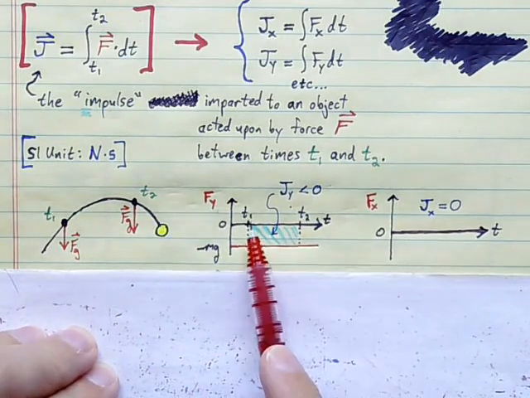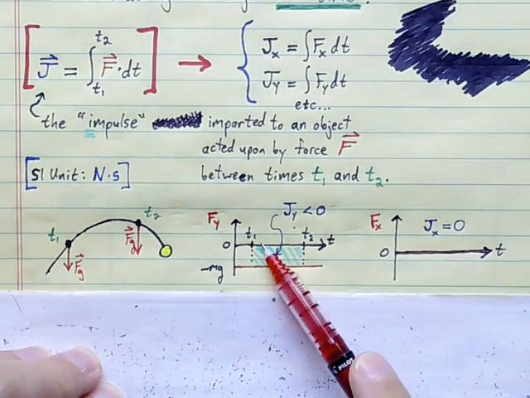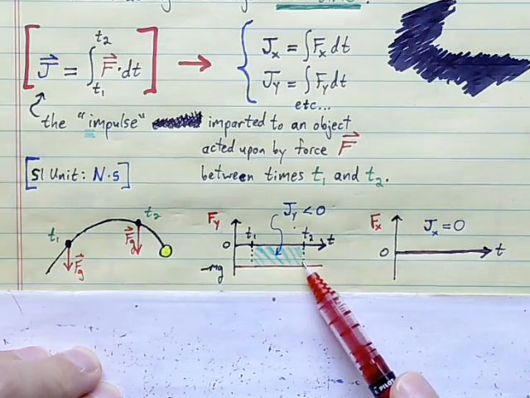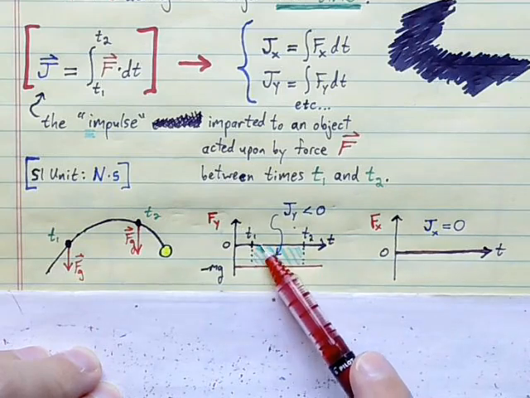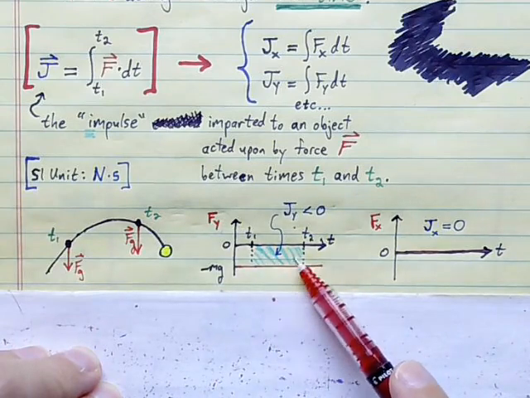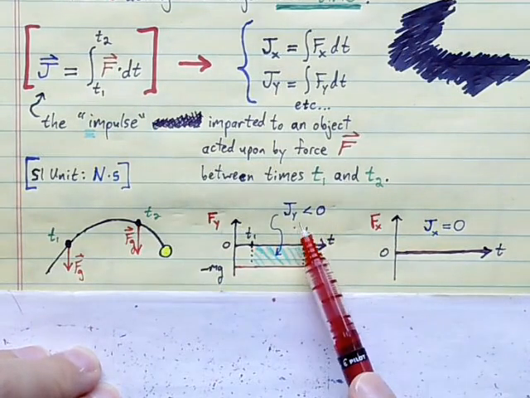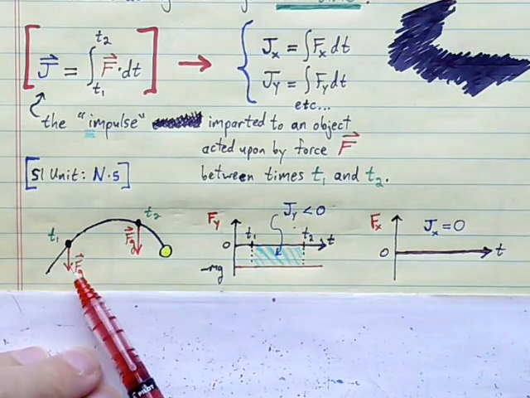From time 1 to time 2, the integral of our force function is represented graphically by the area between our function and the zero axis. That rectangular area represents the y component of the impulse imparted by the force of gravity from time 1 to time 2.